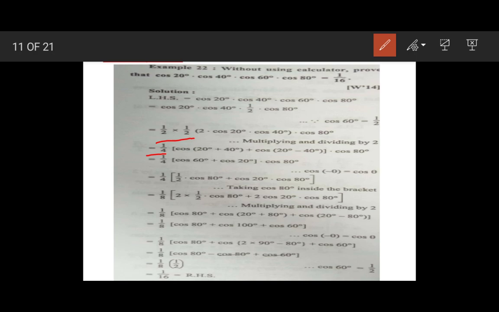Then what I am doing? I am applying the formula of 2 cos A into cos B. So that is equal to cos A plus B plus cos A minus B. Now cos 60 plus cos minus 20 degree.